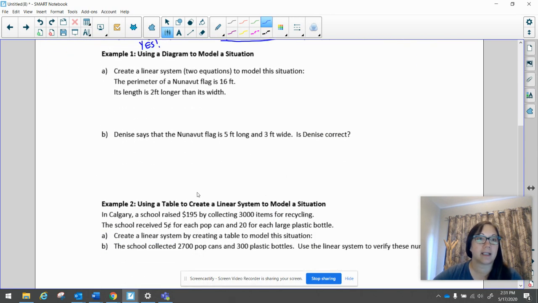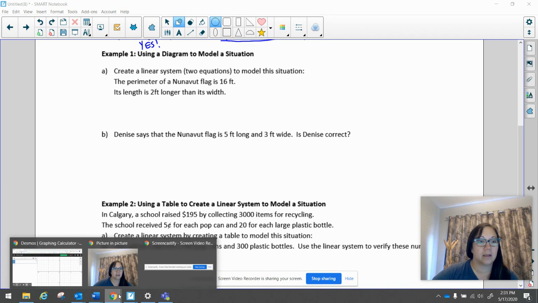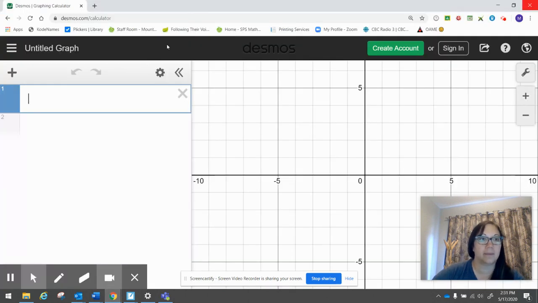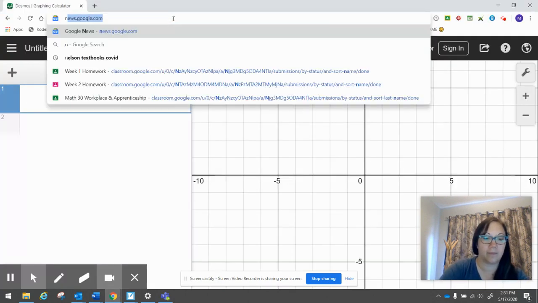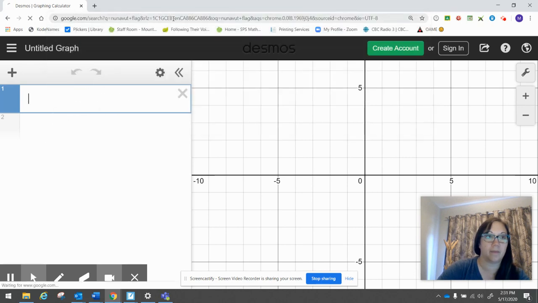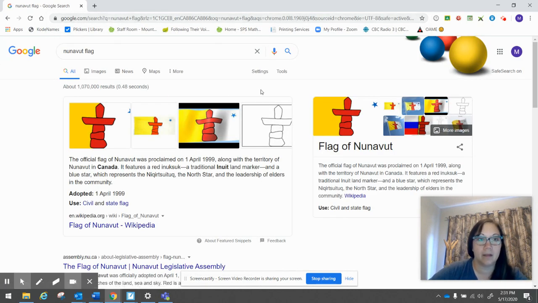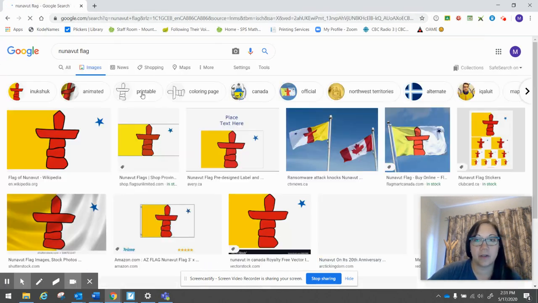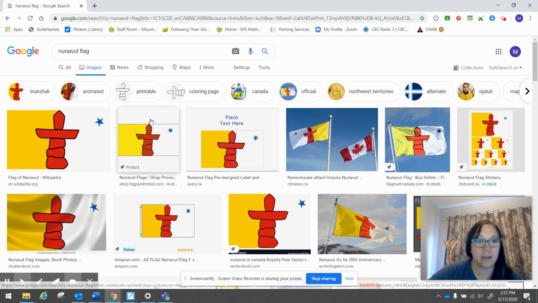Okay, so let's take a look at example 1 using a diagram to model a situation. So we're going to create a linear system, which is 2 equations that model this situation. It talks about the Nunavut flag. Let's go ahead and look that up. Oh, beautiful flag. Okay, so here is the Nunavut flag.